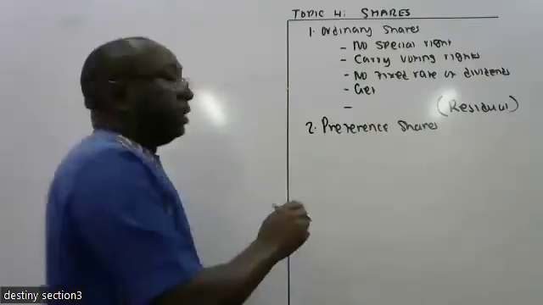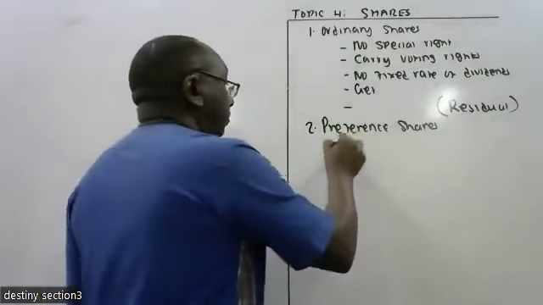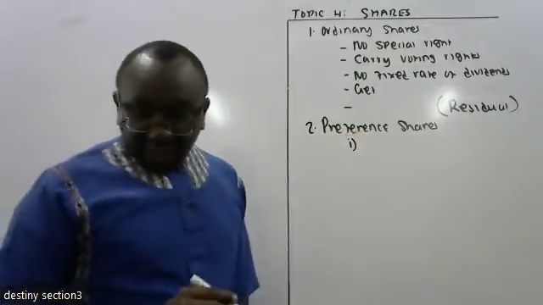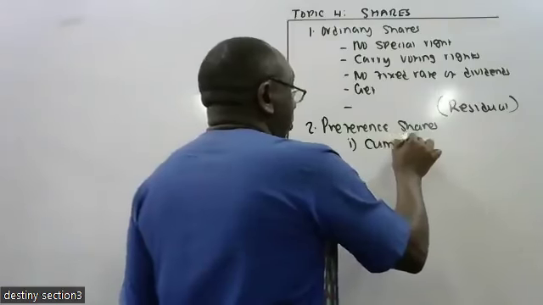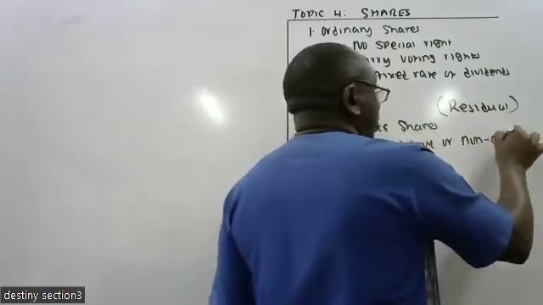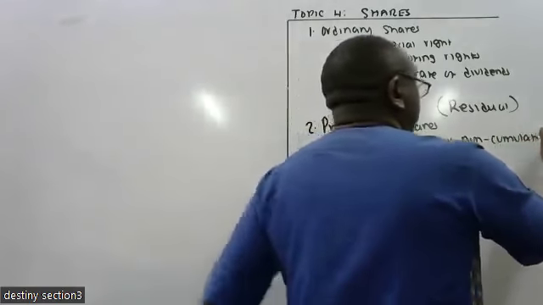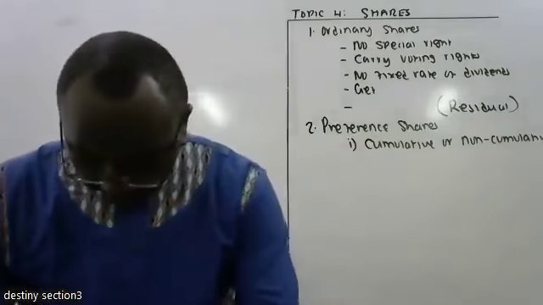Let's remove 5 so that we don't find ourselves confused. Roman 1: cumulative or non-cumulative.